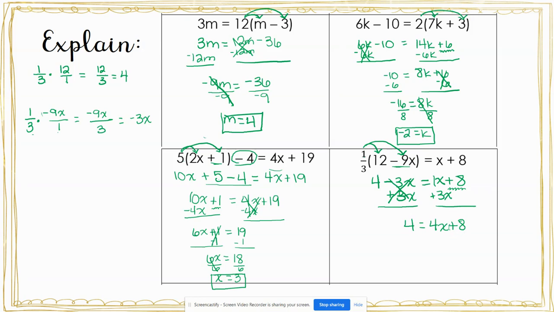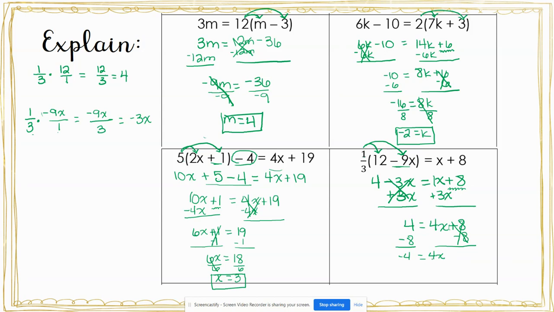I want to get rid of my adding or subtracting first, so I'll eliminate this plus 8 by using the inverse, which is subtracting 8 from both sides. 4 minus 8 is negative 4. And when I do 8 minus 8, that is 0, so they cancel because 4x plus 0 is just 4x. Now I need to get x by itself by removing this 4.